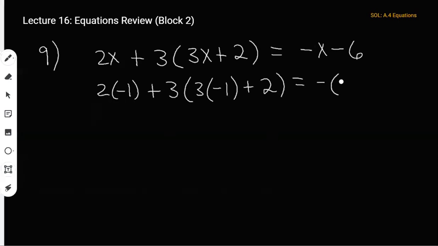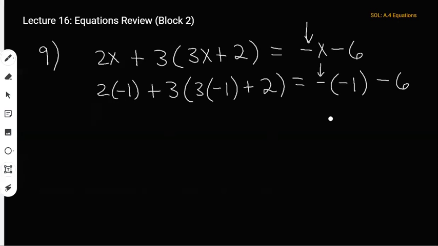On the other side, I'm going to have a negative 1 minus 6. The reason why I have a double negative is because I've still got this minus out in the front. That's going to stay there. So it's actually going to be a minus 1, which we know to be a positive 1.